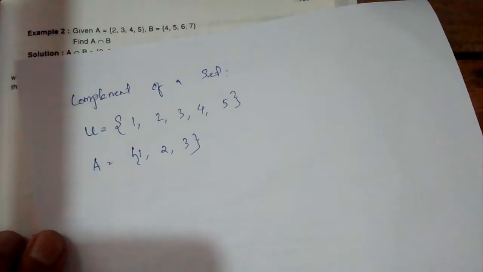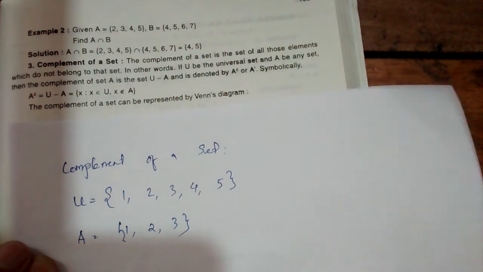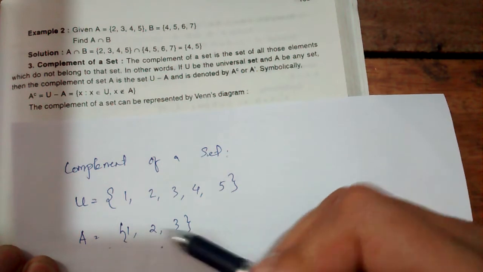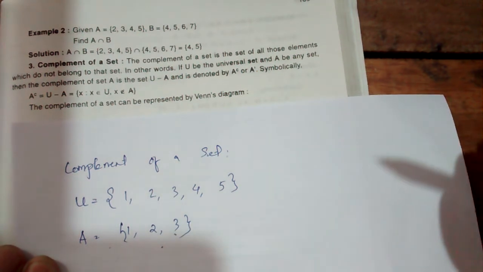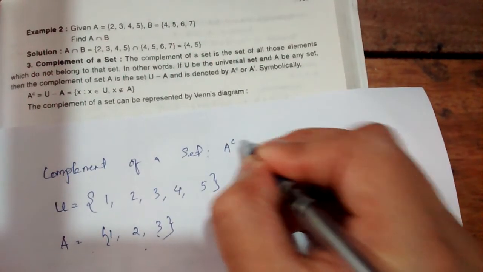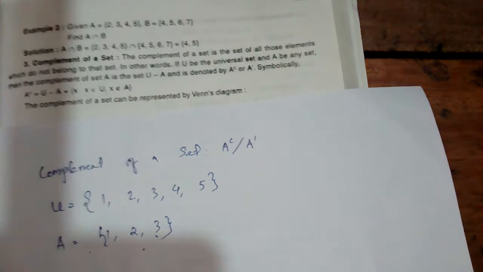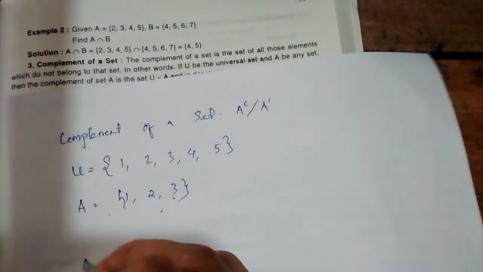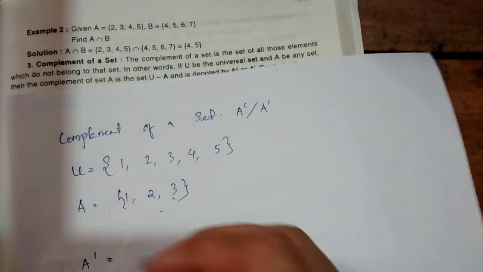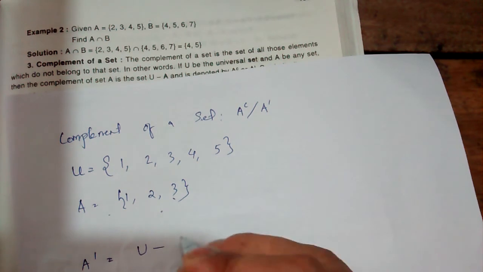So since the universe is the totality of the elements, and set A contains only these elements, the complement of set A is normally denoted by A complement or A dash. So A complement or A dash will be U minus A, or universe minus the given set.